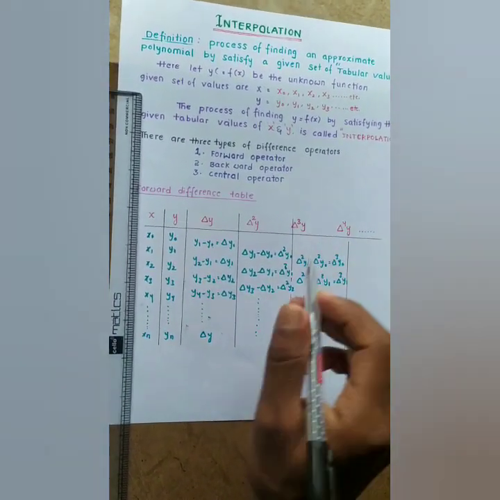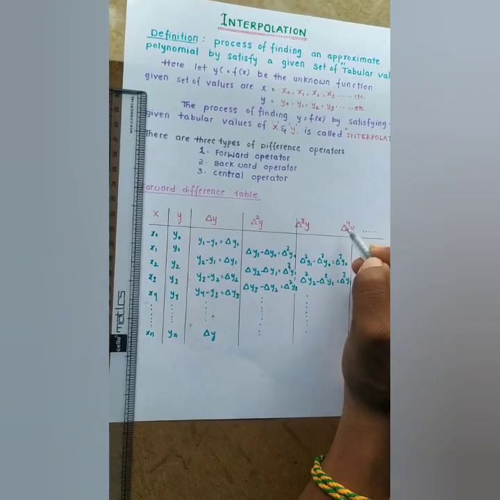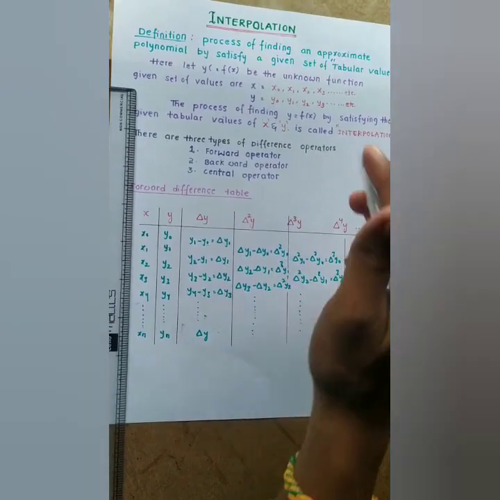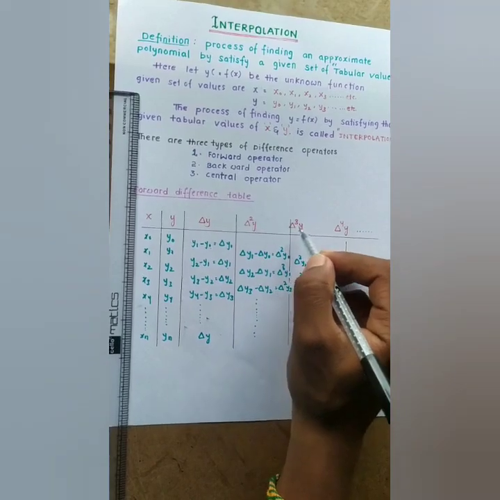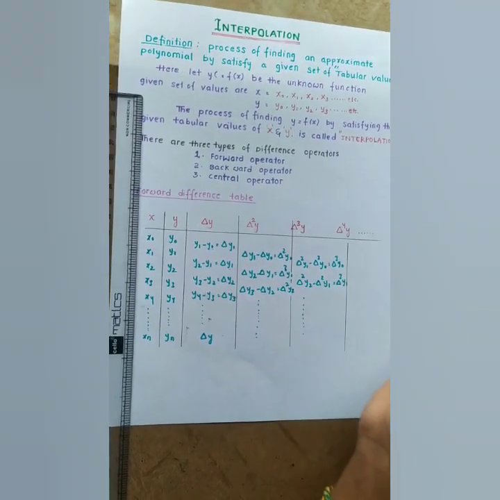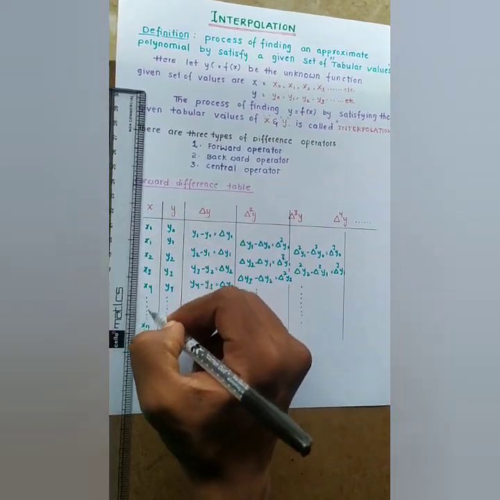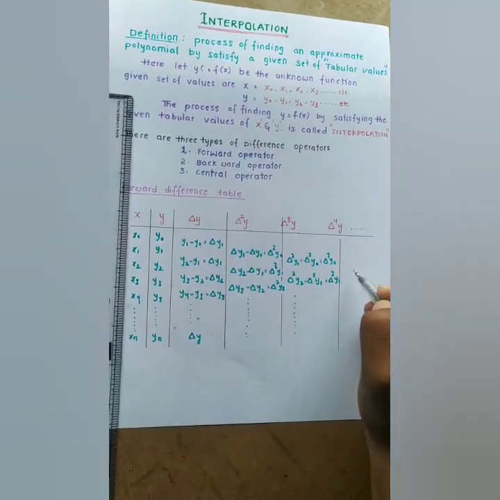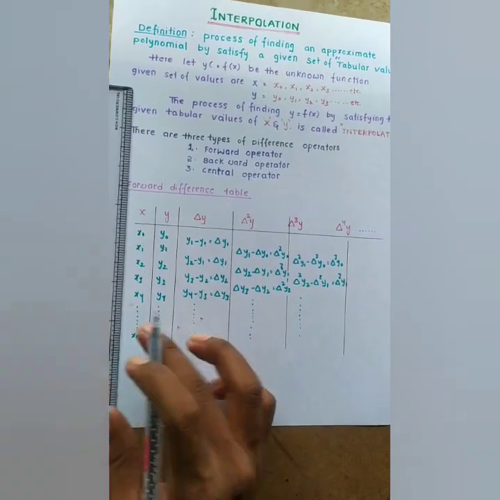Similarly we find delta cube y, delta power 4 y, and so on, depending upon the given values of x and y, up to the last term.